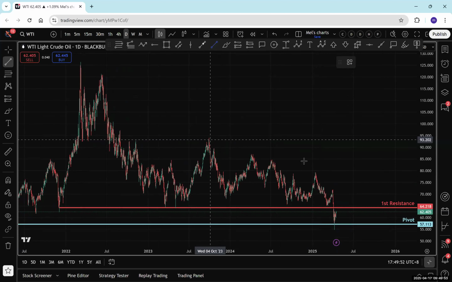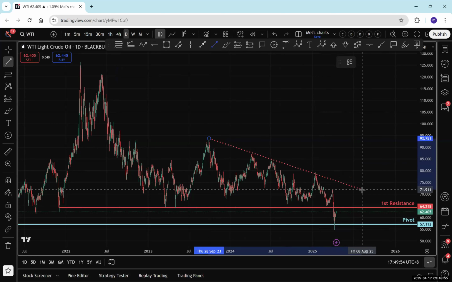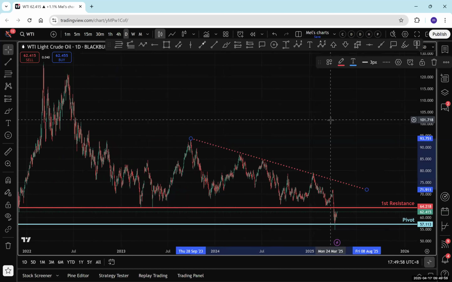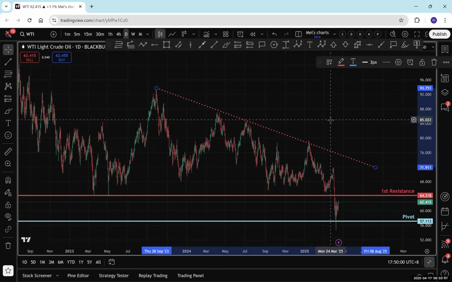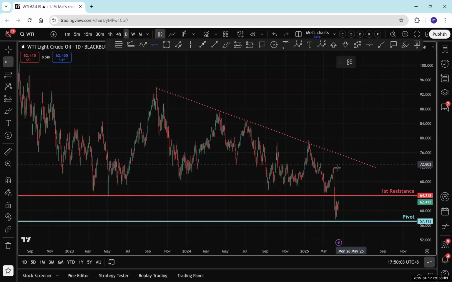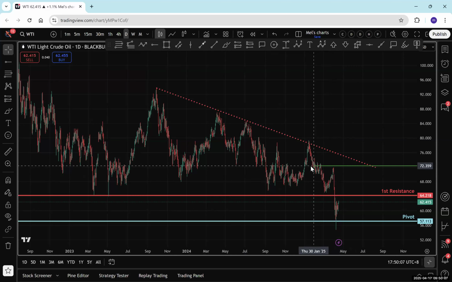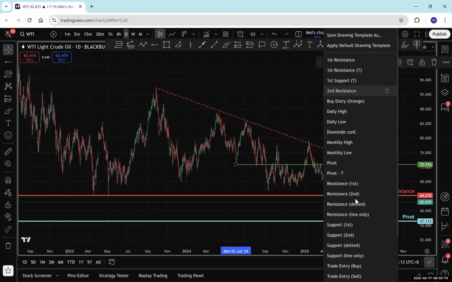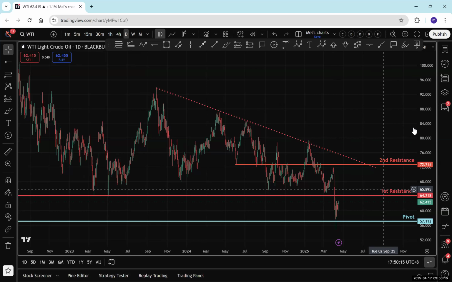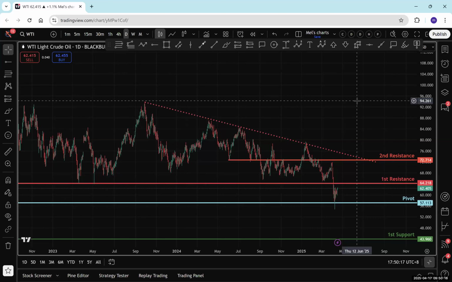Okay, here I'm going in. Oh, there's a downtrend here. Okay, I'm gonna put a second resistance up here because first resistance is quite close to price.